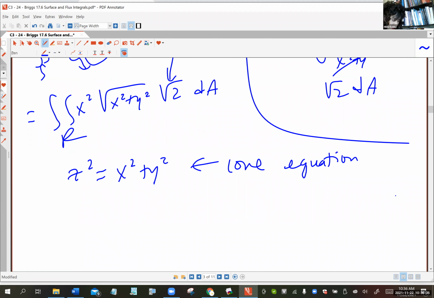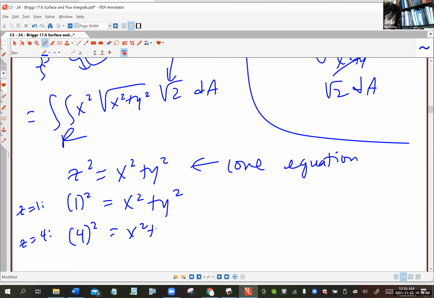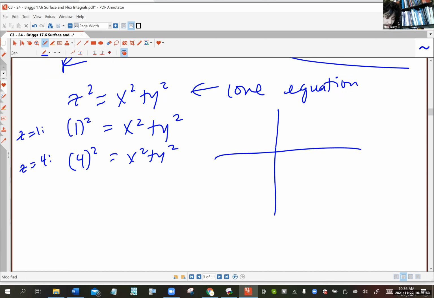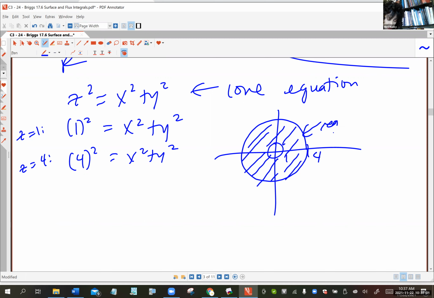And when z equals 1, if I substitute, it looks like that is going to give me a circle of radius 1. And if I substitute z equals 4, I'm going to get a circle of radius 4. Oh, so this is going to look like a donut. The region R is going to look like this nice donut, concentric circles.